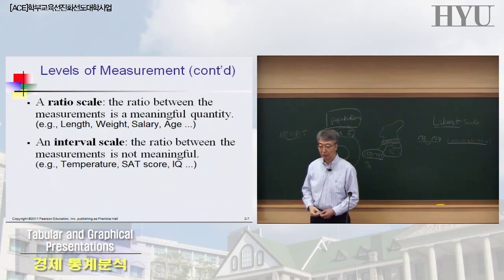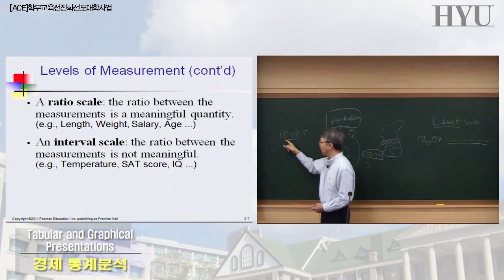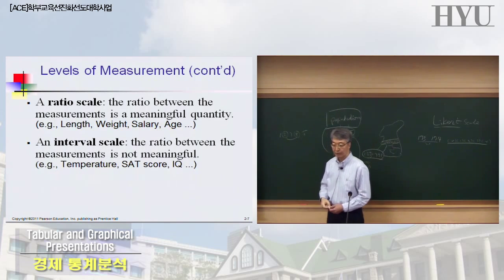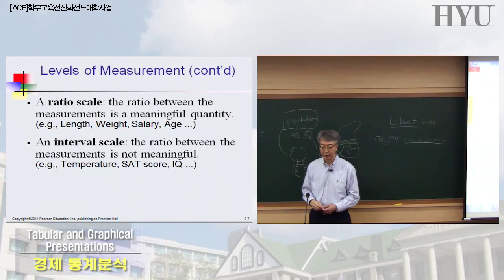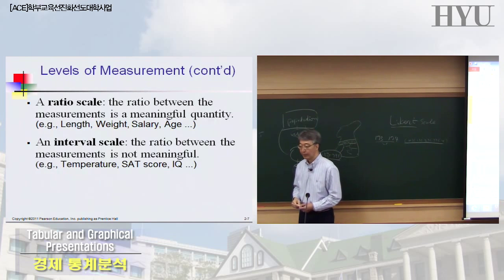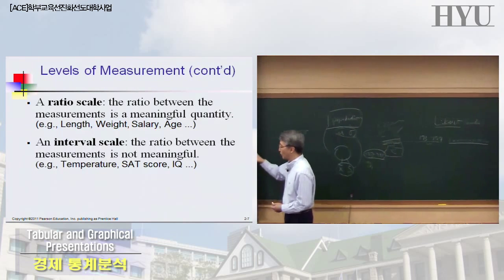Or if you have 2 in this number, does that mean this is half as long or half as heavy or half as good as the level indicated by number 4? If that makes sense, how many times or half times or quarter times, those kind of ratios, then it is a ratio scale measurement.